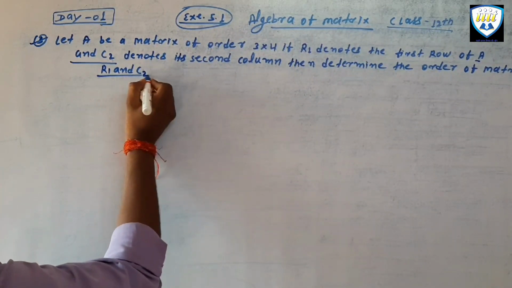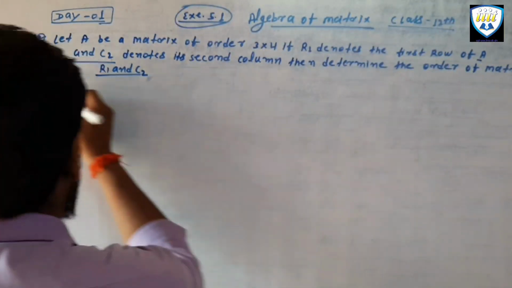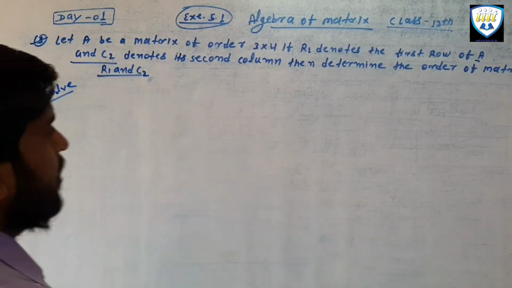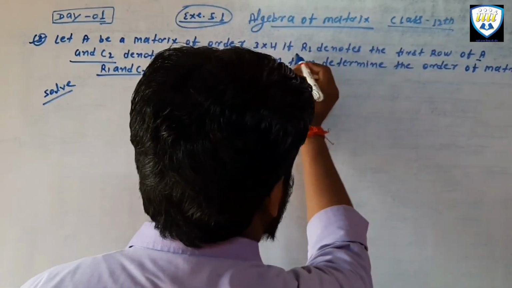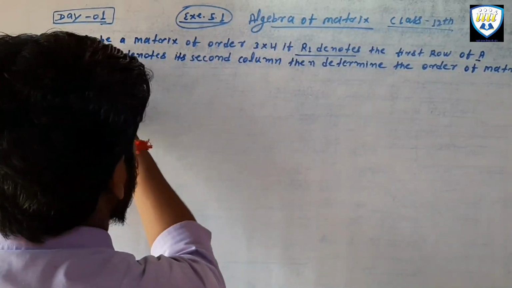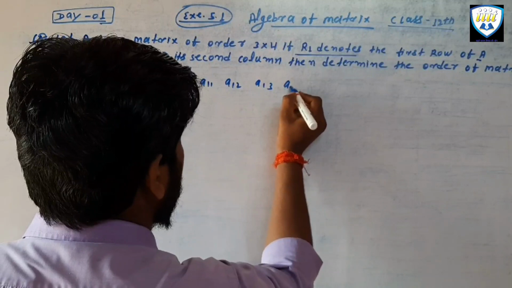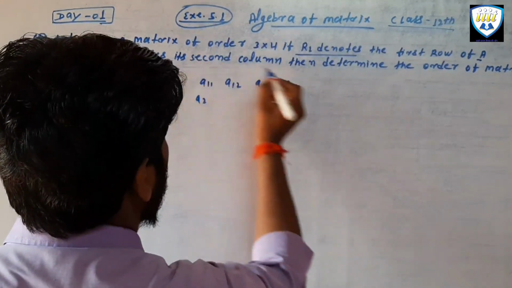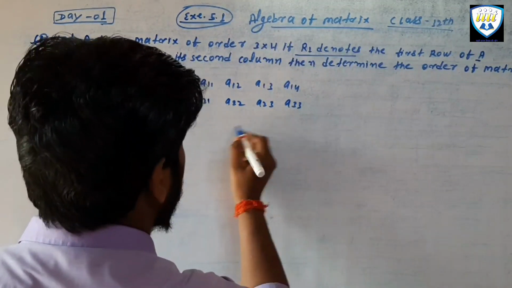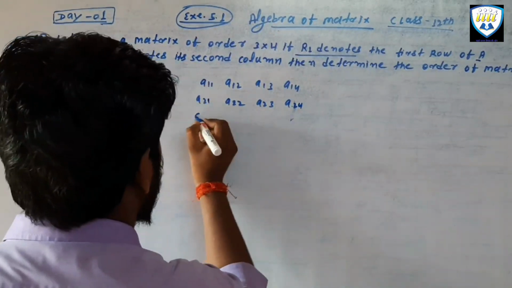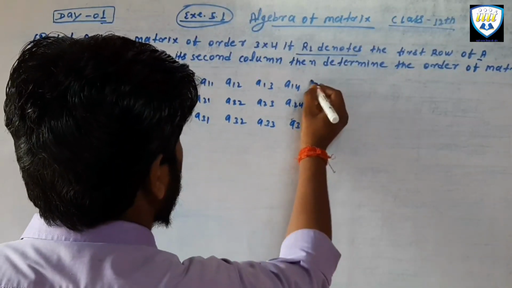This is a simple question. For example, the 3 into 4 matrix has entries A11, A12, A13, A14, A21, A22, A23, A24, A31, A32, A33, A34.